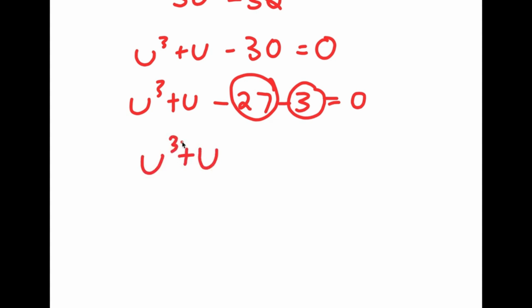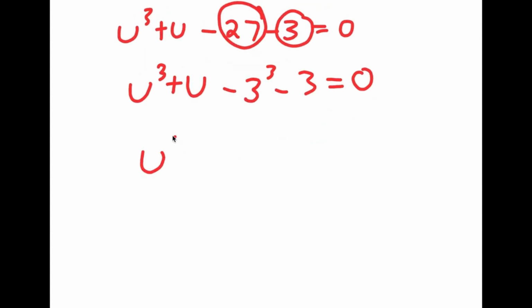Notice how we have something in the form u to the power of 3 plus u. We could think of u as 3 in this case. So 27 is the same thing as 3 to the power of 3, and we have this minus 3. Now, I'm going to put this in the form u to the power of 3 minus 3 to the power of 3 plus u minus 3 is equal to 0.